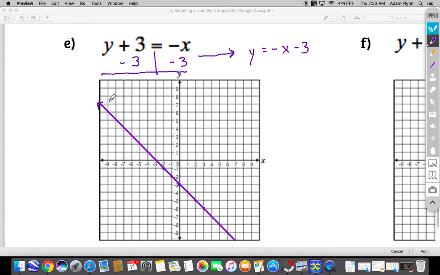Because it goes from negative infinity to positive infinity, I need to put arrows. And I know I'm at least on the right track because my slope was negative and my line is going down from left to right. Okay? Almost done. On to the last example.